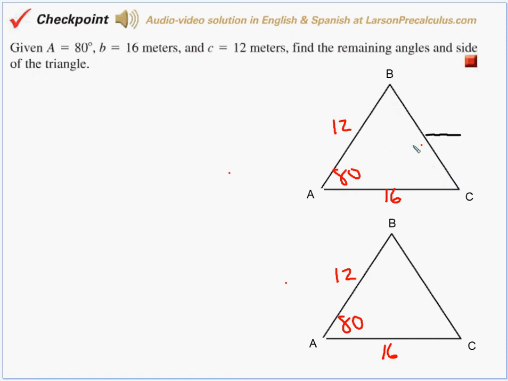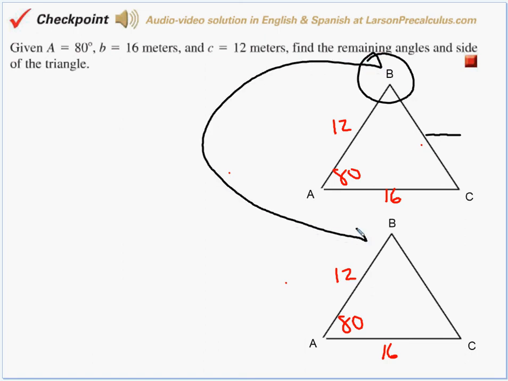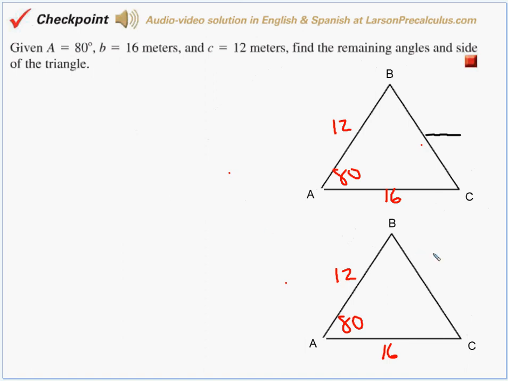The good triangle will be the good triangle, the bad triangle will be the bad triangle. But either way, if you solve for angle B first, always check for the second triangle's B down here. If you solve for C first, go for that angle C in the second triangle also. So pause the video, try to solve that, and then start it back up, see if you got it right.